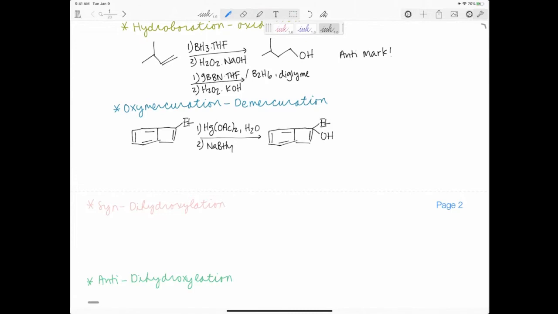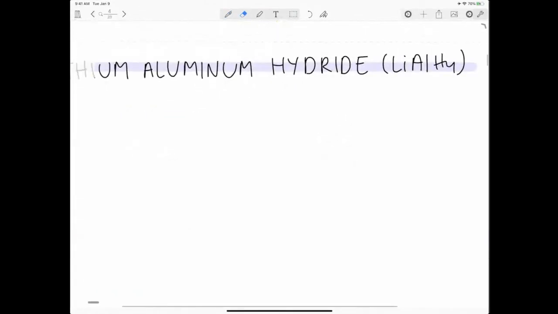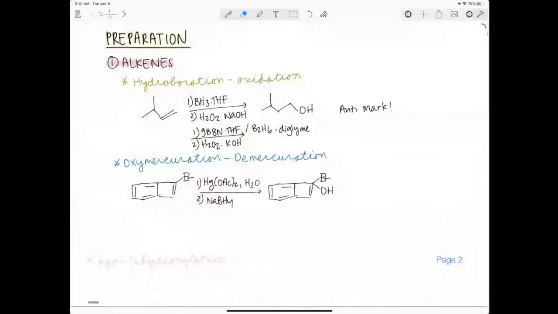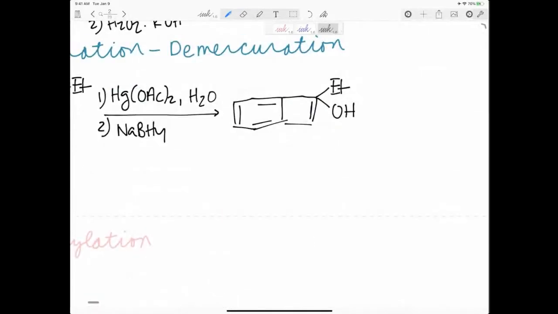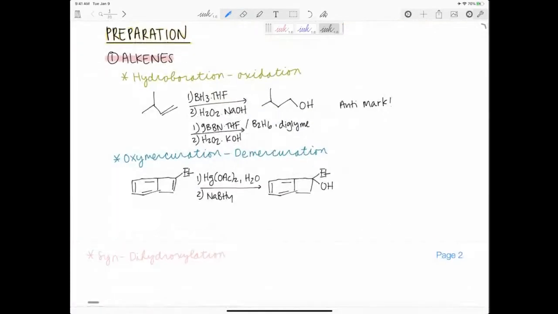Markovnikov. What's the advantage of using this over, let's say, acid-catalyzed hydration? Yes, exactly. Because we don't want the carbocation rearranging.